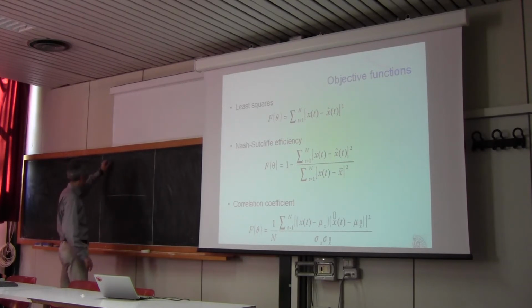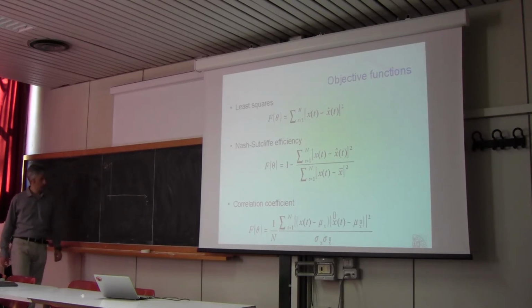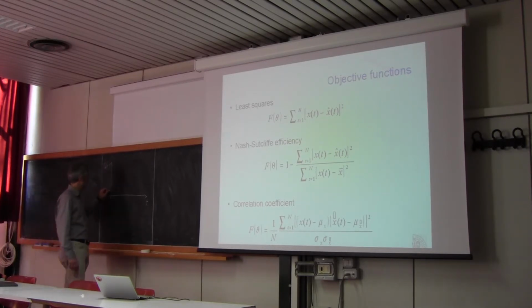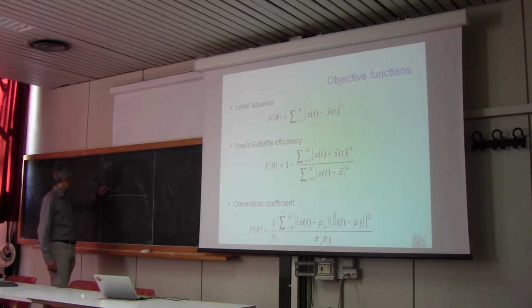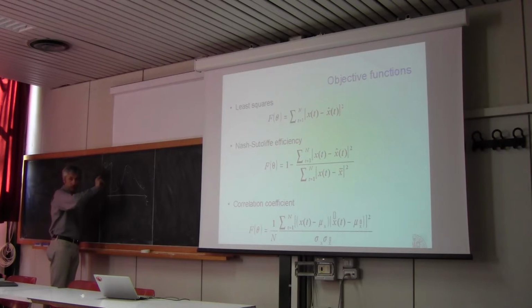Usually you are simulating a hydrograph, which is a graph of the river flow with respect to time. And usually you have an observed hydrograph to simulate, let's say this one, and then you get a simulation by PC. And the objective function is something that quantifies how much the simulation is close to the observed data.